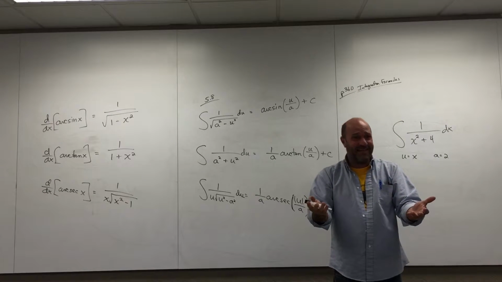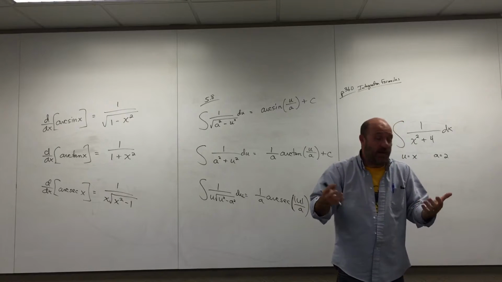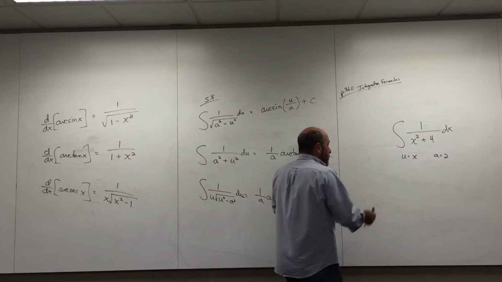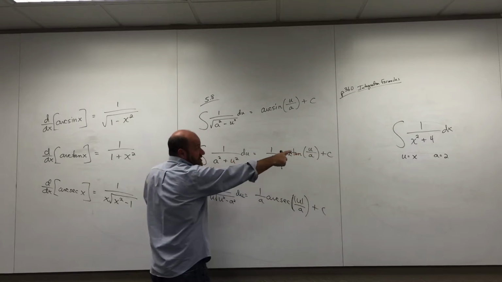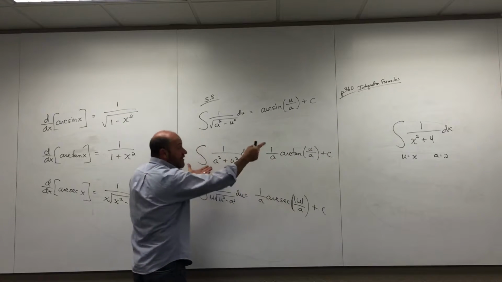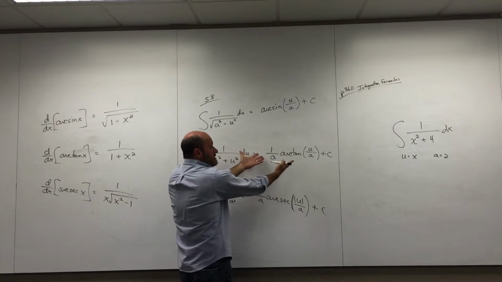If u equals x, there's no 1/5 coming out. There's no 1/3 coming out. You're not really doing anything. But I am identifying what's my u and what's my a, just for the purposes of this formula.